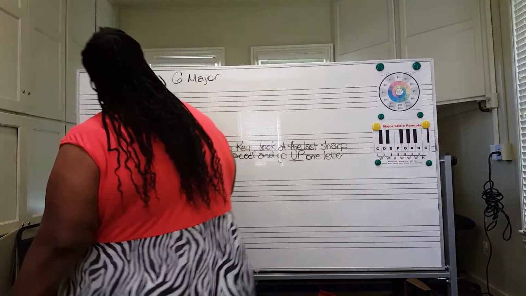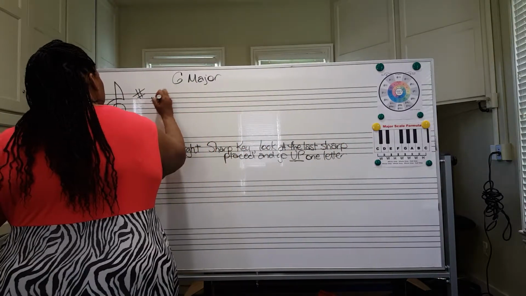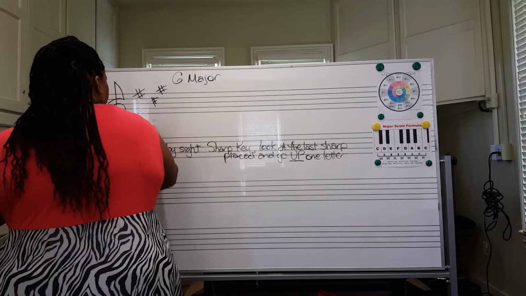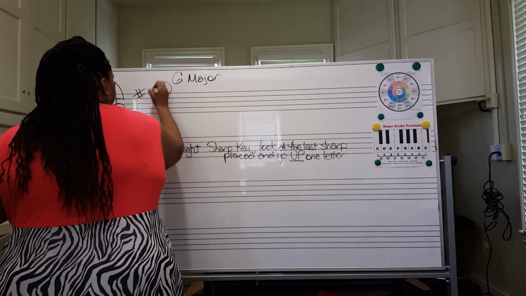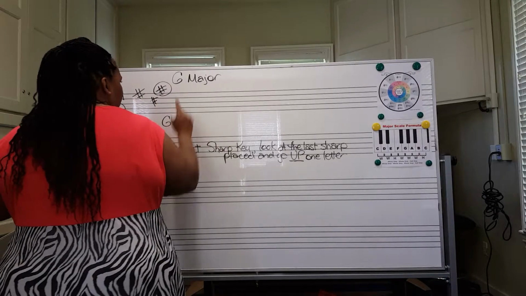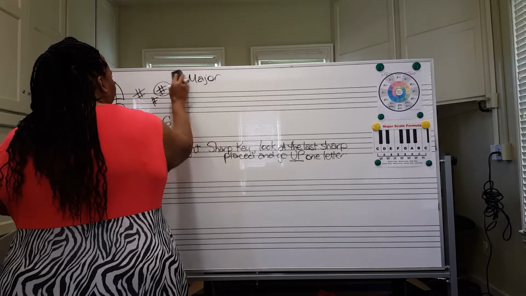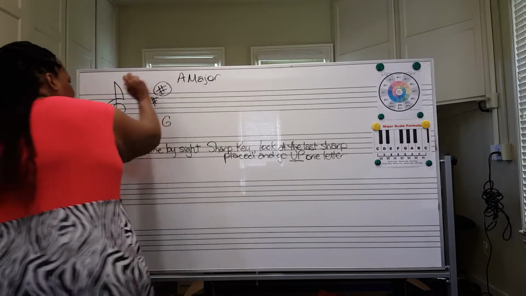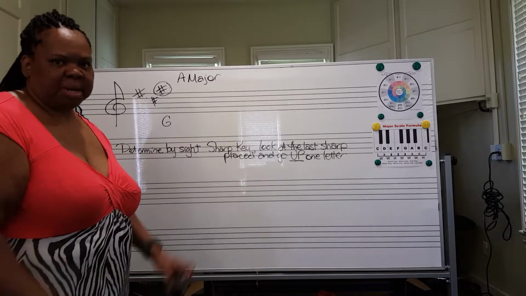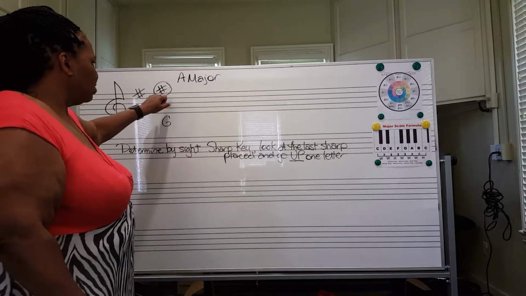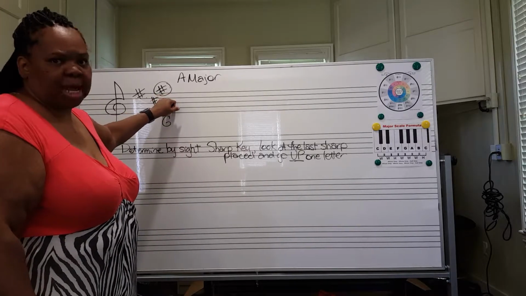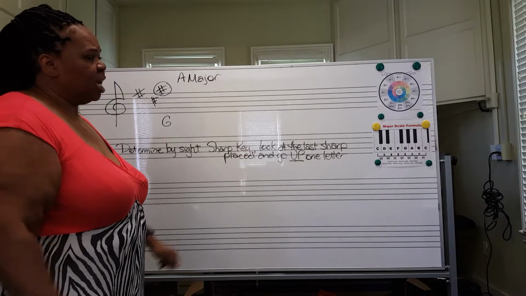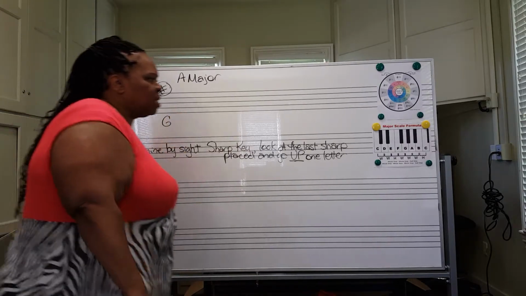The sharps on A are on C and G. The last sharp is a G. So therefore I go up 1 letter, and now I know by sight of looking at this, I am in A major. So I go to the last sharp placed and go up 1 letter, and that tells me what key I am.